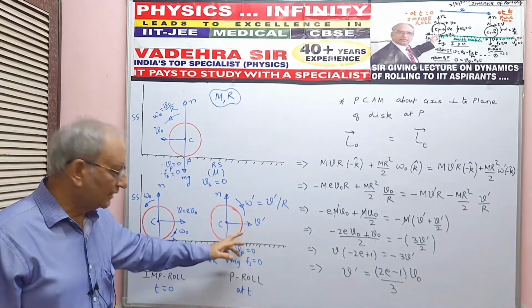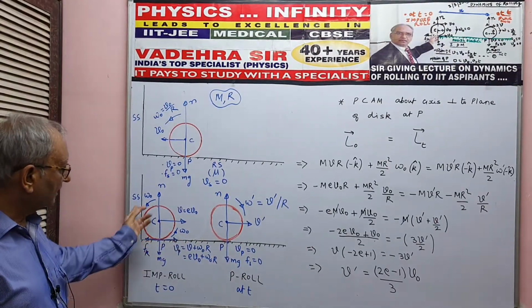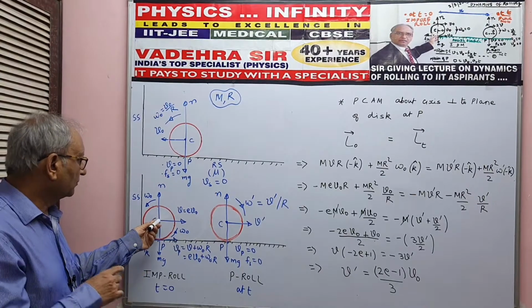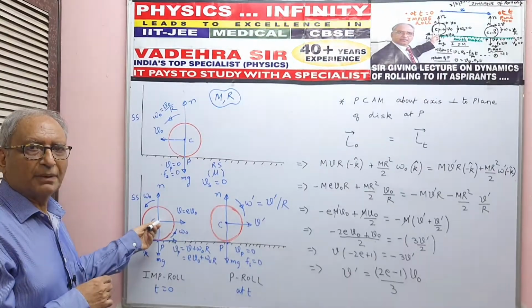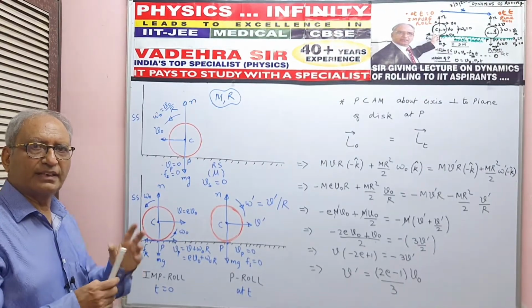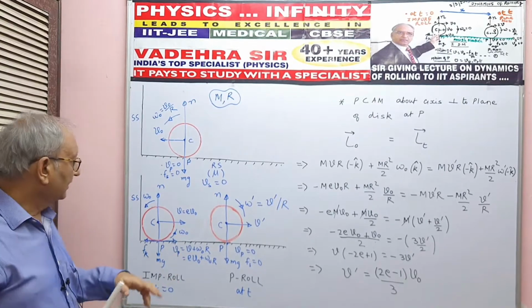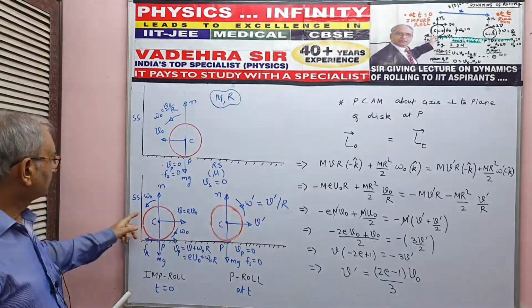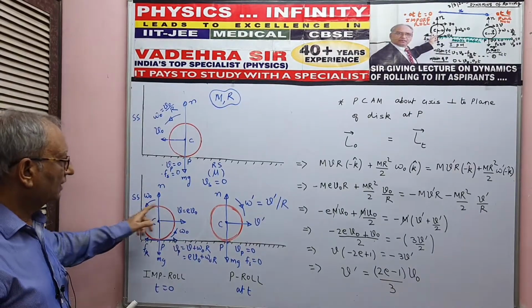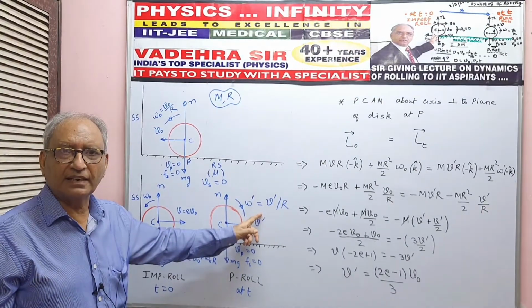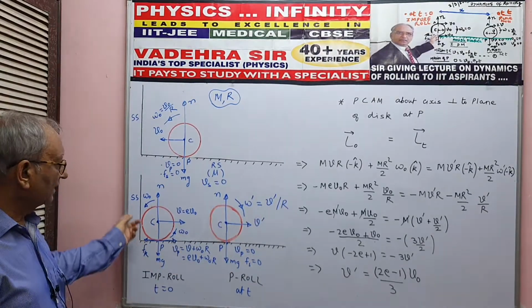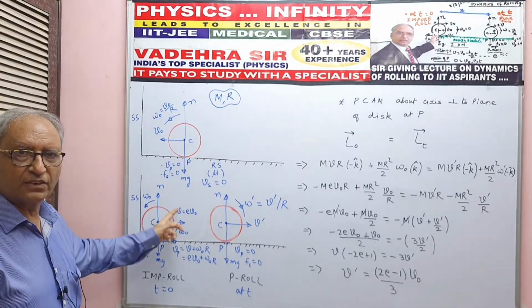During this time, Fk creates a clockwise torque about an axis perpendicular to the disk passing through C, and this will create an angular acceleration, and at the instant t, the angular velocity omega naught becomes omega dash, clockwise, because Fk is creating a clockwise torque.